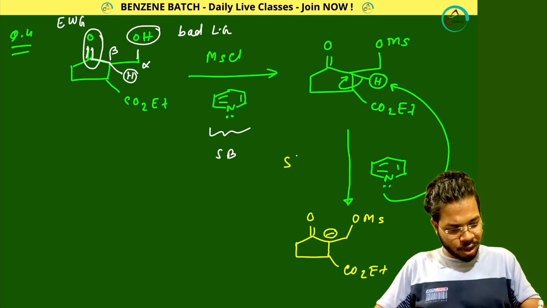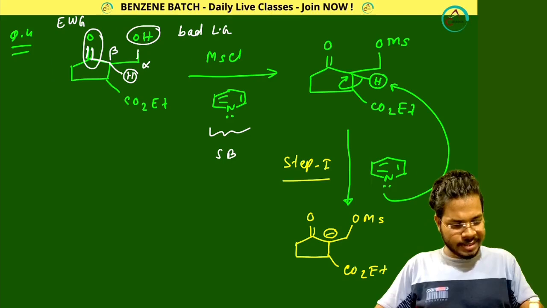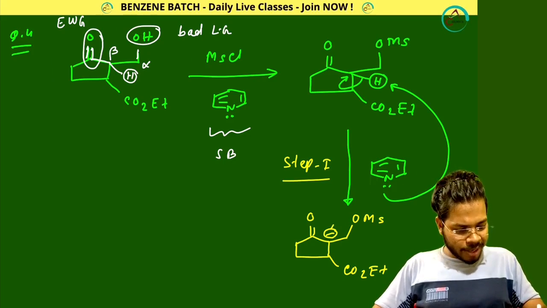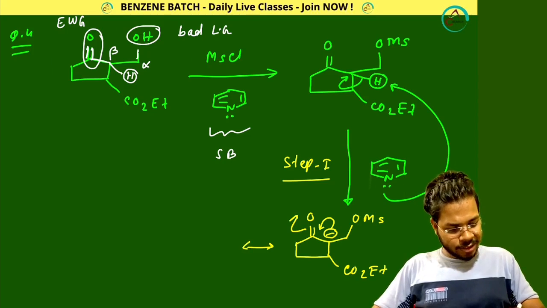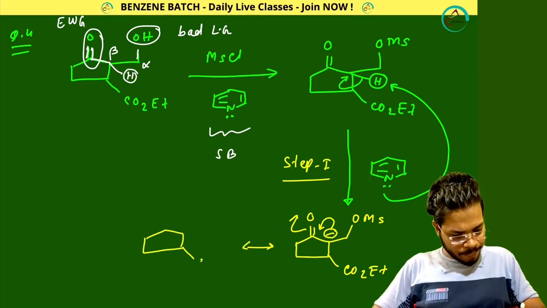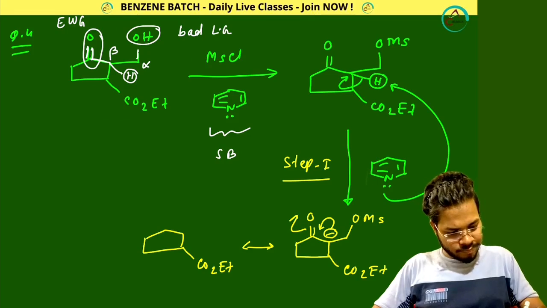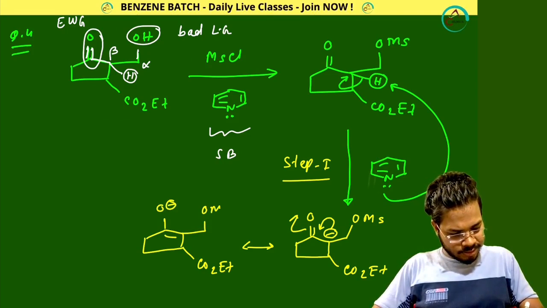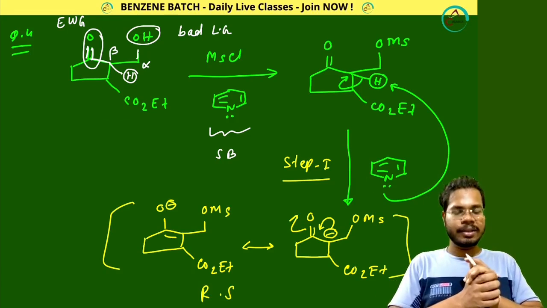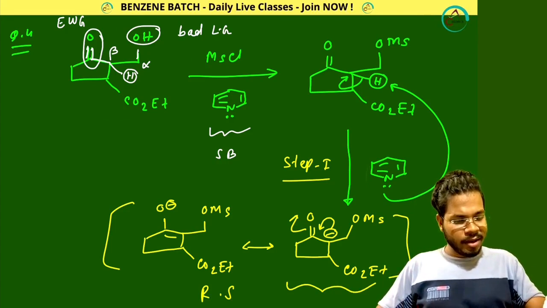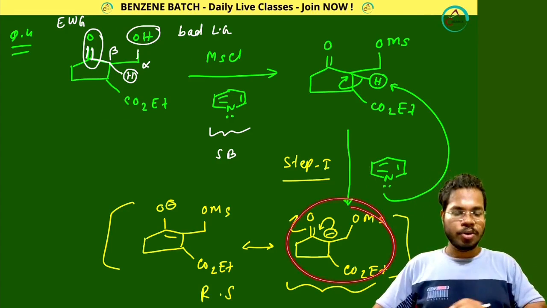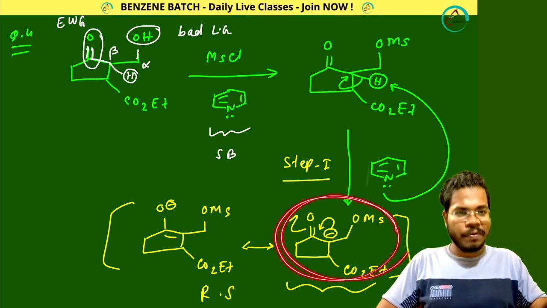So I have done step 1, right? This carbanion, the conjugate base, is resonance stabilized, that I can show through this mechanism. This is resonance stabilized. Perfect. This is the first step product that I am getting, and in the next step this product will participate.